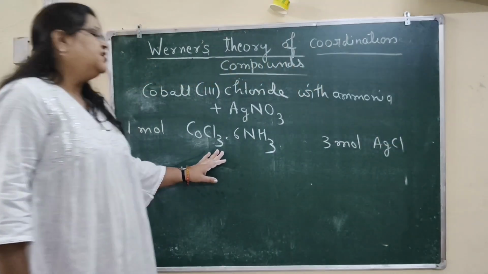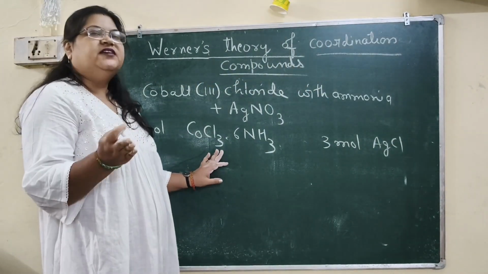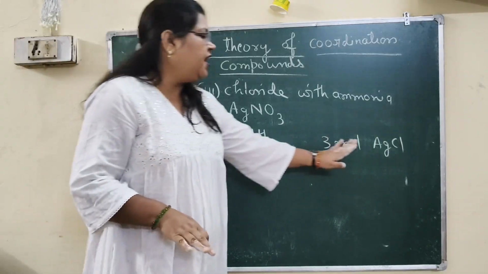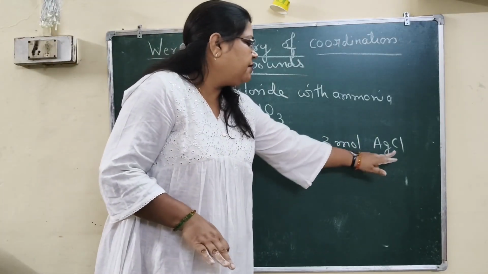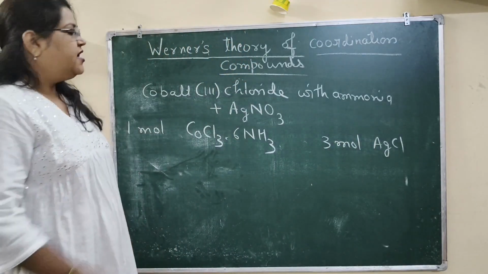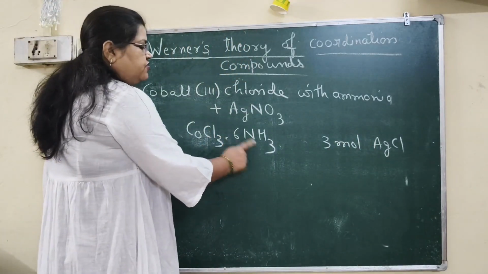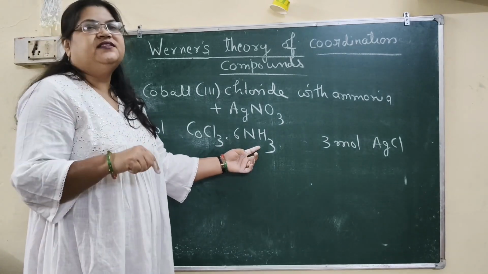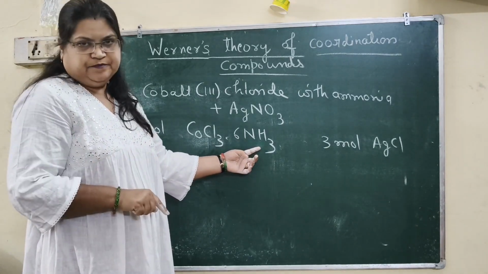It means all the 3 chloride ions are the primary valence of the central metal ion. ये जितने भी precipitate होके अलग हो जाएंगे, इसको बोलते हैं primary valence. There is no change in the 6 molecules of NH3. This is the secondary valence of the central metal ion.